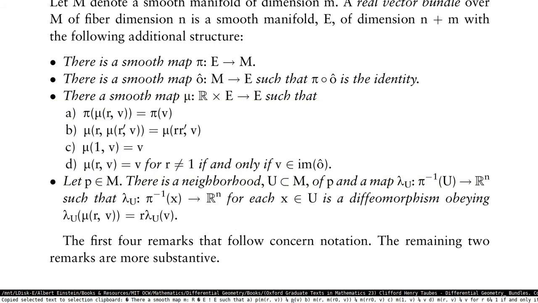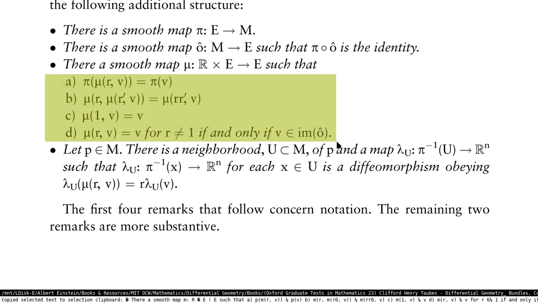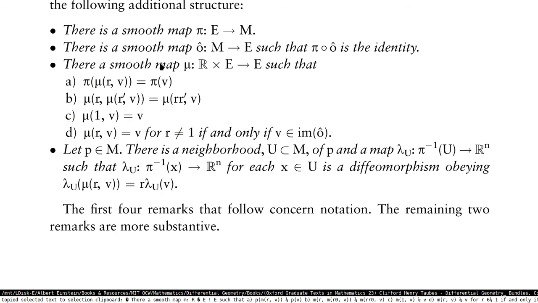And what it satisfies is that pi of mu RV gives you pi of V. And just a few routine checks for the fact that this is actually well defined and works nicely over this construction.